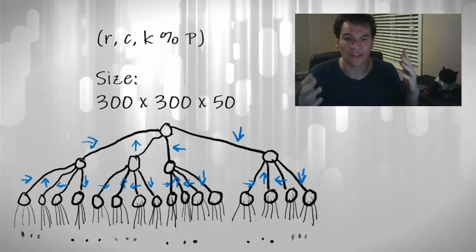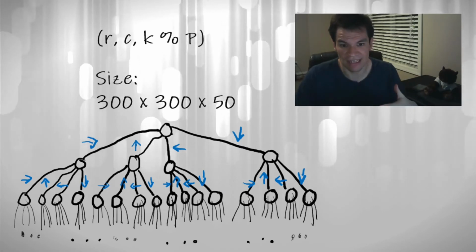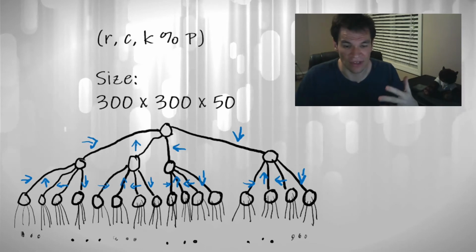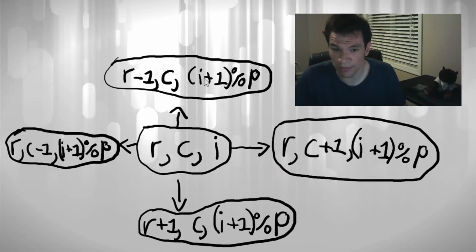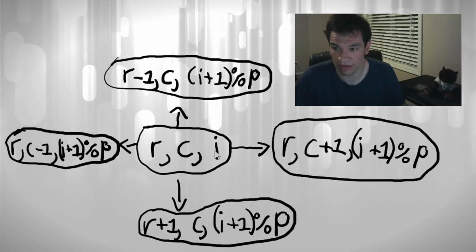So let's draw a diagram of the state transitions in the same way that we have done it before. This would be the diagram for the state transitions.